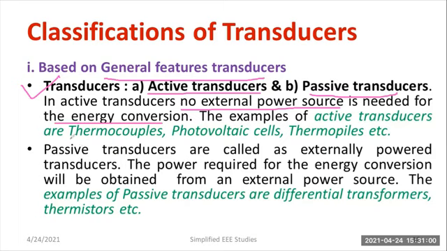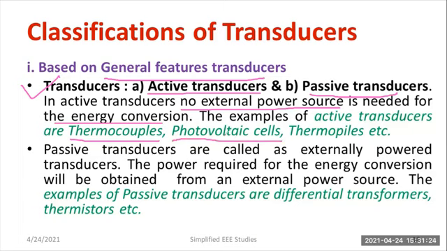For example, a thermocouple has both a hot junction and a cold junction. The difference in junction temperature produces voltage. That means temperature, a non-electrical parameter, is converted to voltage, an electrical quantity, without an energy supply. That is called active transducer.